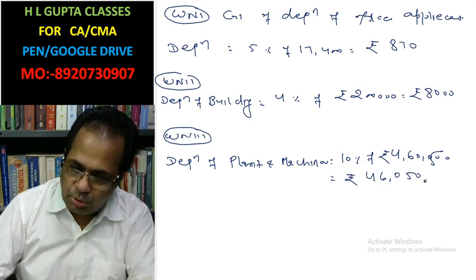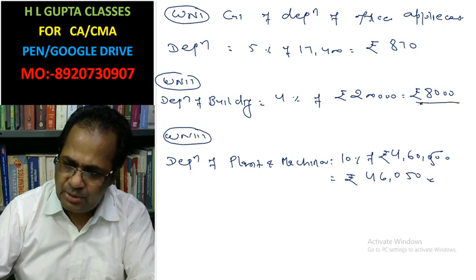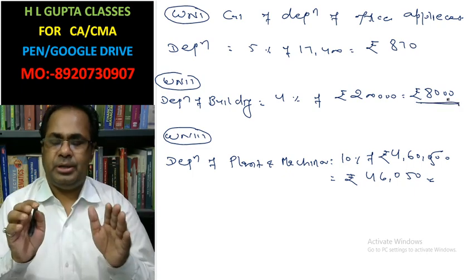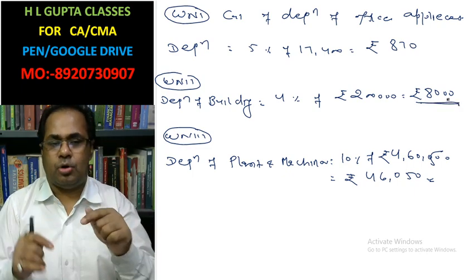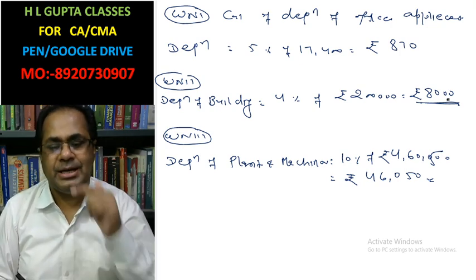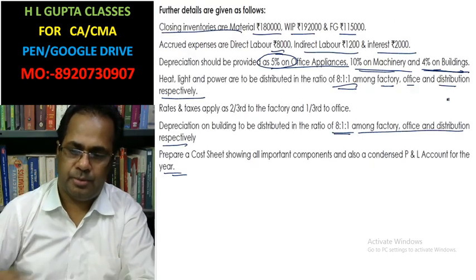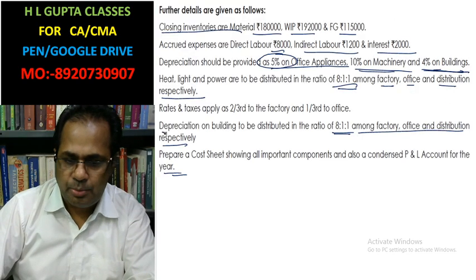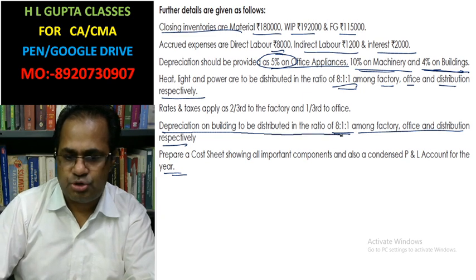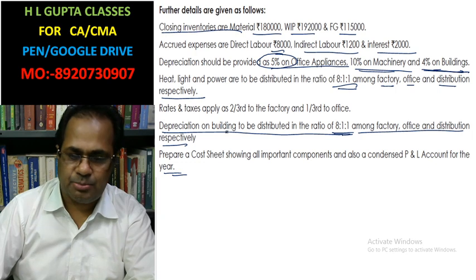In this case, this will go to the factory, and building depreciation will be divided among factory, office, and sales department in the ratio of 8:1:1. Look at here. Depreciation of building will be distributed in the ratio of 8:1:1 among the factory, office, and distribution respectively.